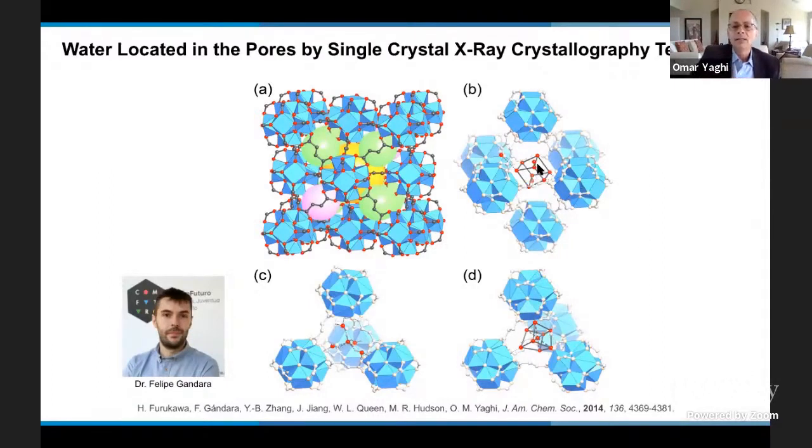So in fact, the water structure, these red spots you see here, is built up in the pore almost like ice, I would say ice chunks that fill the pores. And the key here is that the very first water molecules bind strongly to the metal oxide unit, and they act as a magnet to the water molecules that are in the air, bring them in and bind them and build the structure up of the water in the pore.